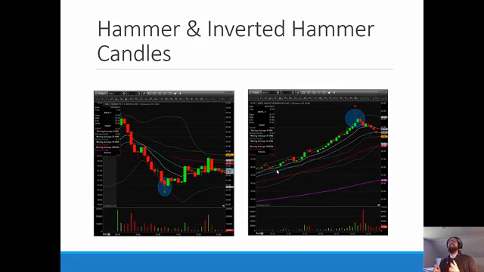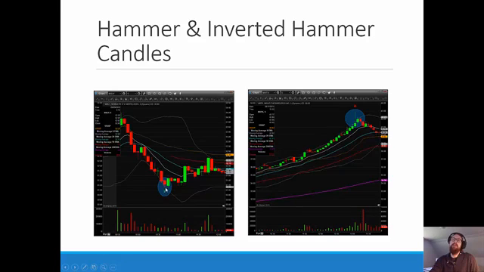So, hammers and inverted hammers. This is a particular type of candle. It's a candle formation, a candle shape. In the context of a downward momentum trend, this candle is going to have, as a hammer, a long bottoming tail.